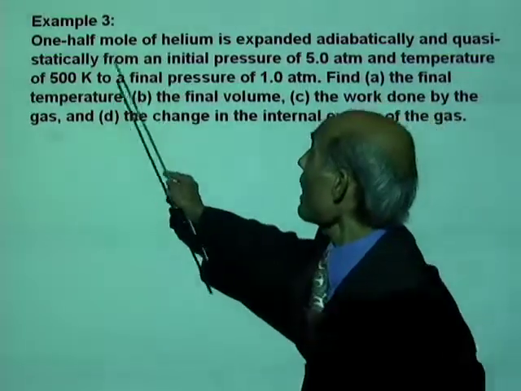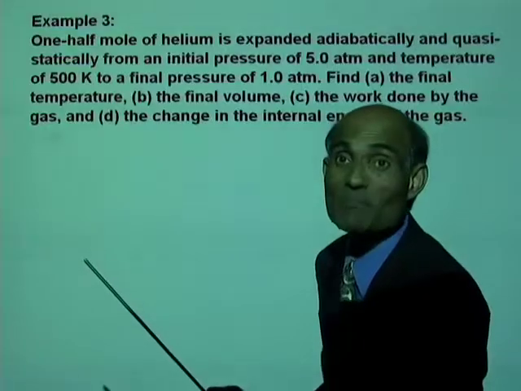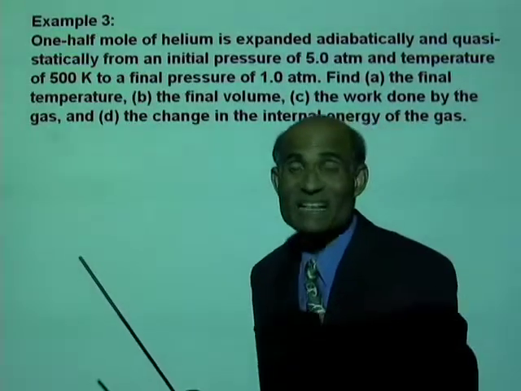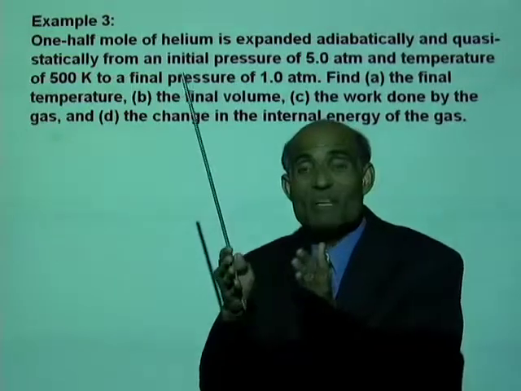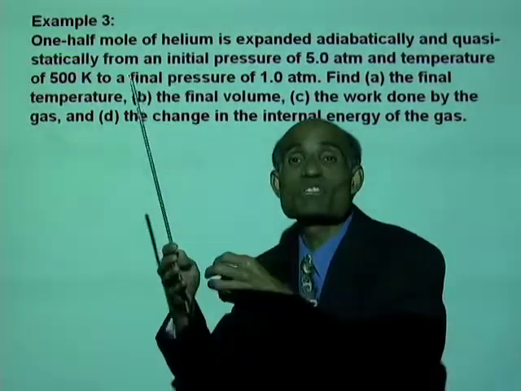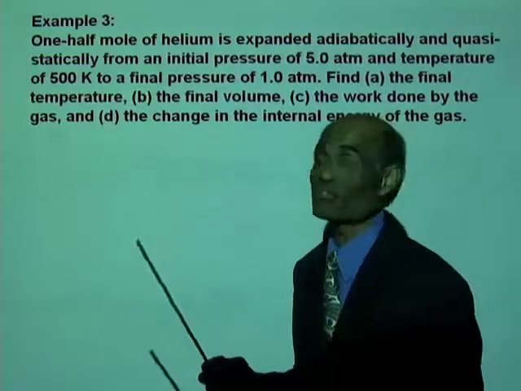Half a mole of helium is expanded adiabatically and quasi-statically. Quasi-static means that at each stage of the expansion, equilibrium conditions are achieved. That is the meaning of quasi-static process.